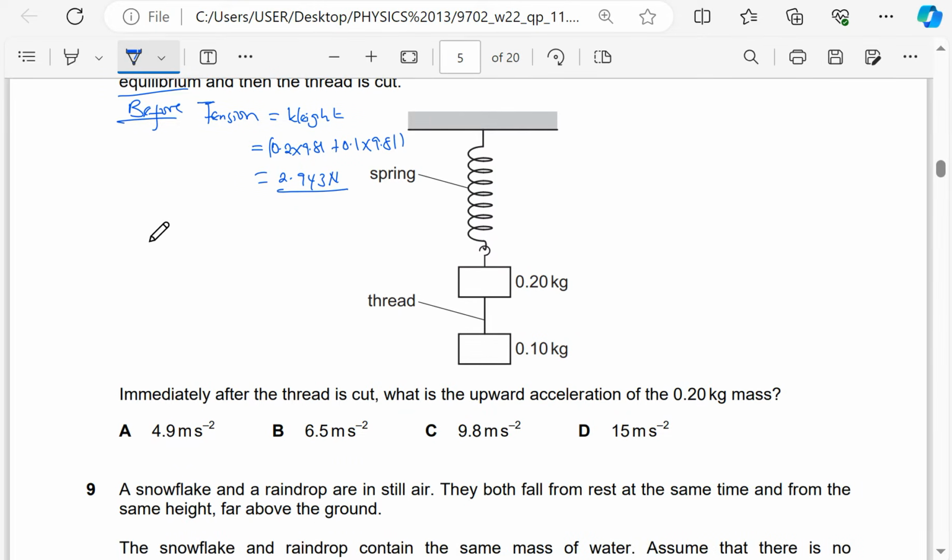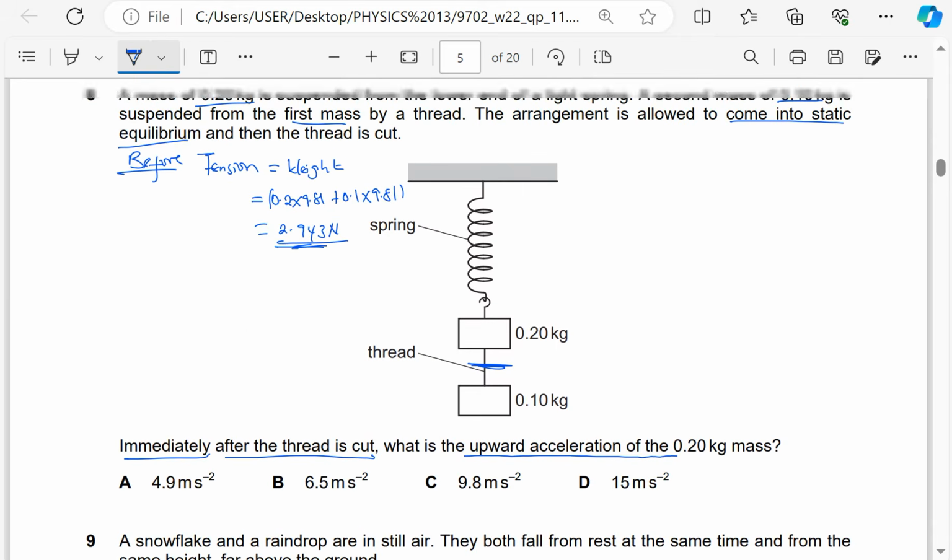Immediately after release, immediately after the thread is cut, so they are cutting off this thread. Remember, this is the initial tension, so it's going to be the initial resultant force upwards when they cut off the thread. Then, of course, it is going to decrease because this weight is going to go up. What is the upward acceleration of the mass immediately?